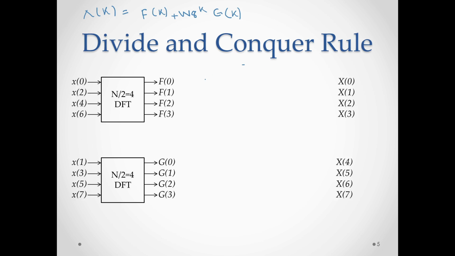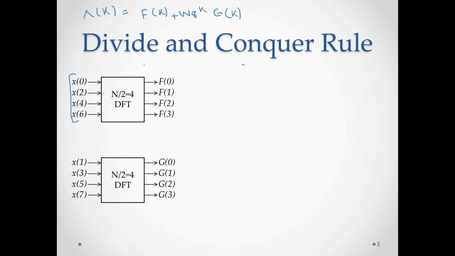Now, what we are doing over here is that f of k represents the 4-point DFT of even entries. What we have over here in the start would be all the even entries, and what we have performed in this block is the DFT of those 4 even entries, and our answer would be these 4 terms: F0, F1, F2, F3.